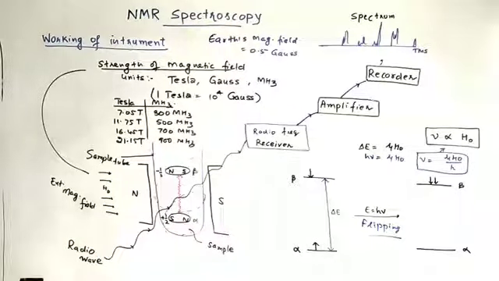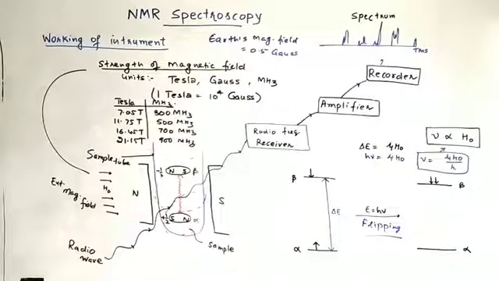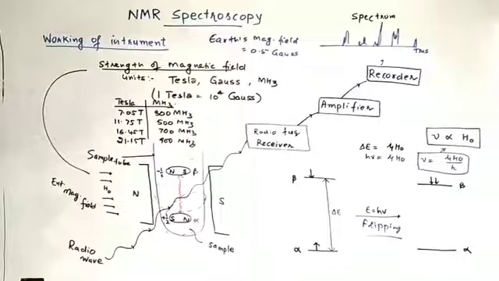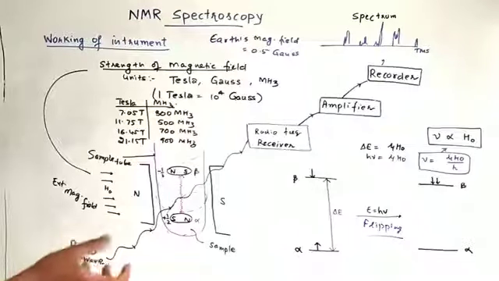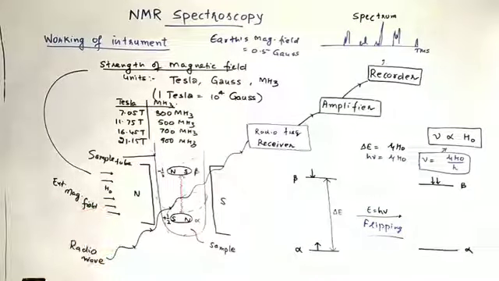Now in NMR spectroscopy, the instrument is designed so that the radio frequency is kept constant. You can set it at 60 megahertz, 100 megahertz, or 400 megahertz, and the magnetic field is varied. On tuning the magnetic field to the right strength, the proton flips from one state to another, just like scanning.